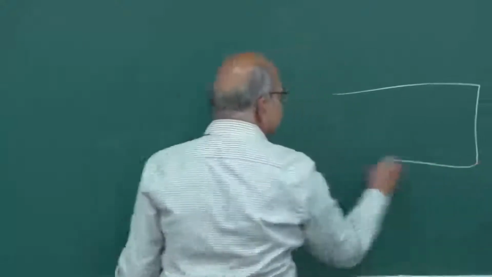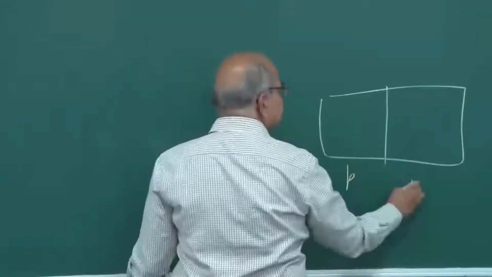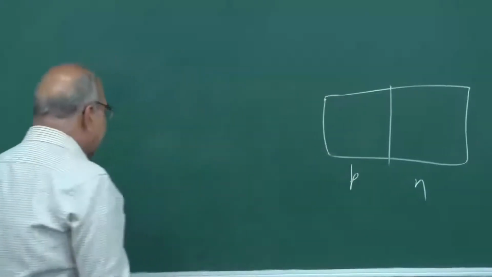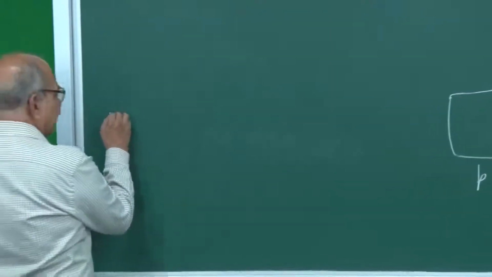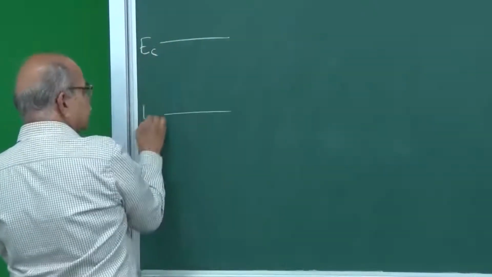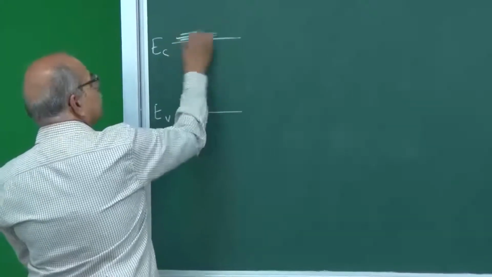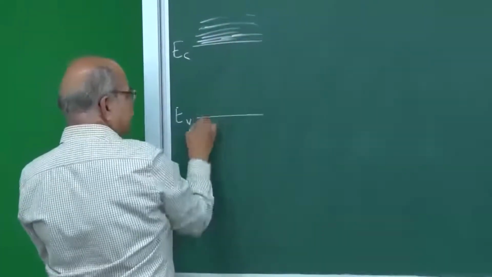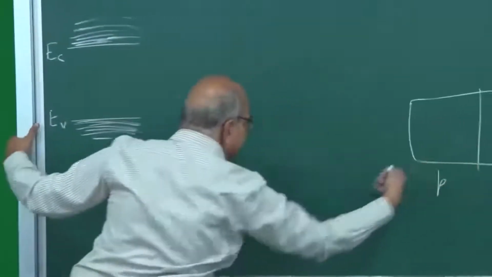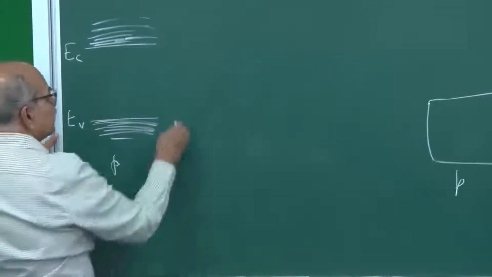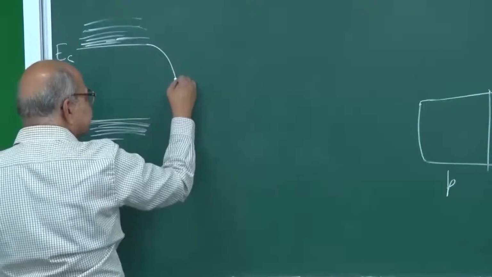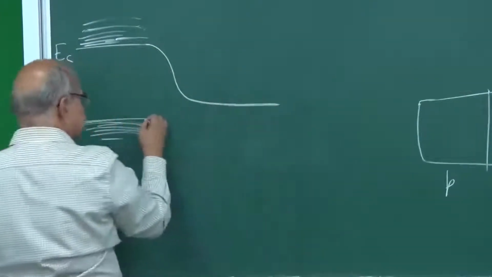So if you have this p-n junction, this is the p side, this is the n side, and if you write the energy bands, conduction band EC and valence band EV, the conduction band is here, the valence band is here, and well away from the junction on the p side, you have a bending out here.